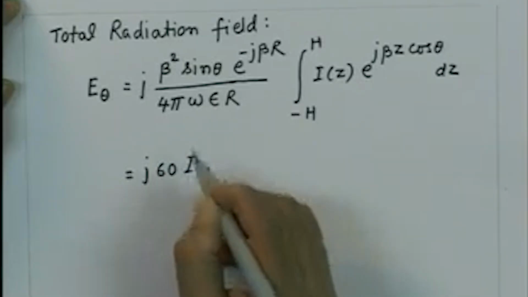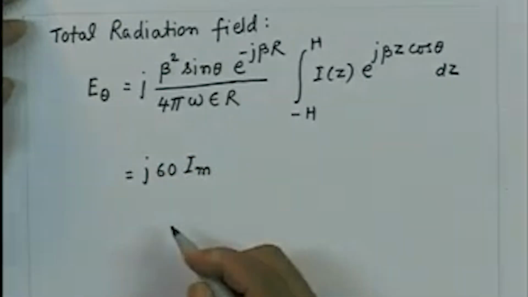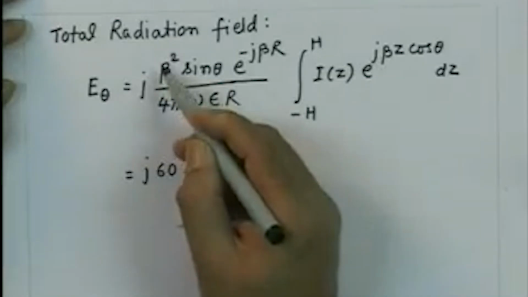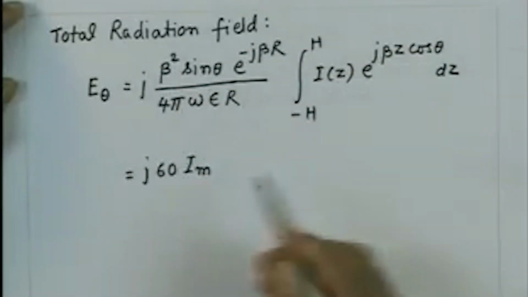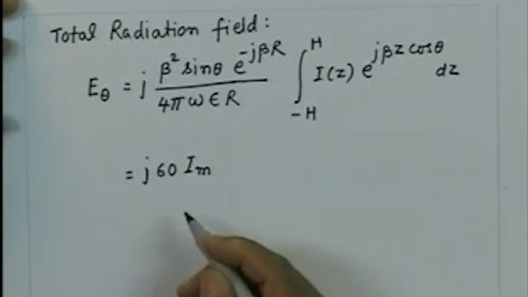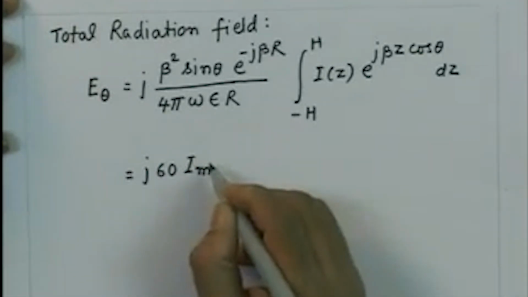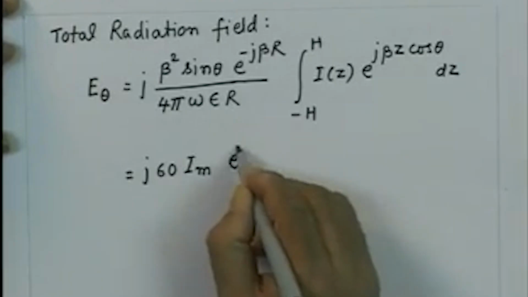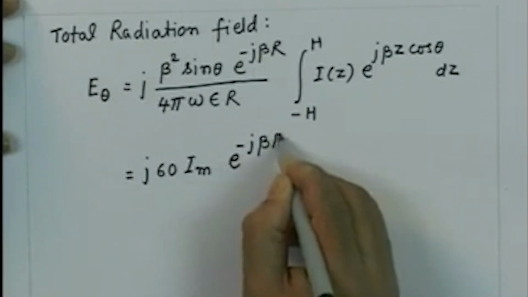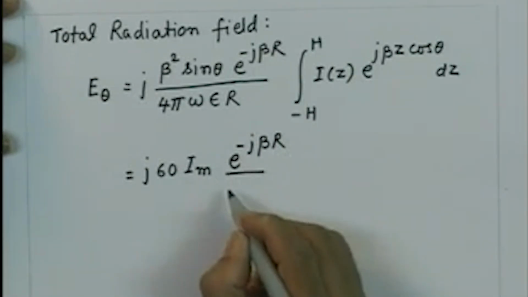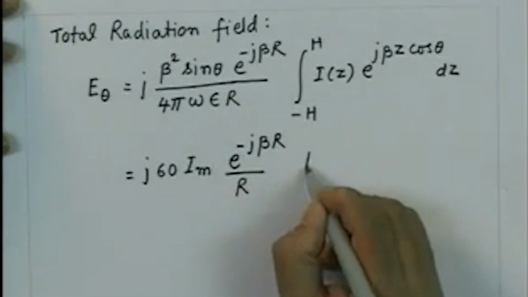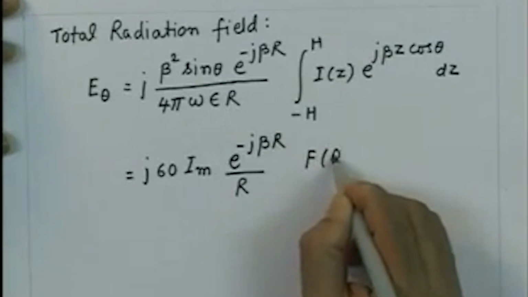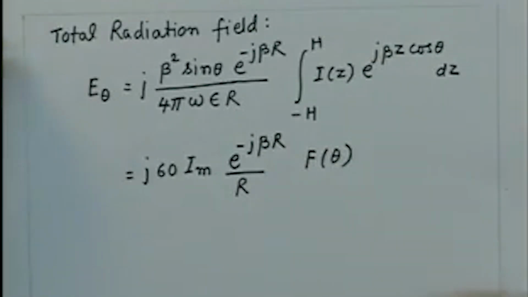There are all constants which are there, they have gone into that, like beta will be related to the frequency and the permittivity and permeability of the medium. So, this will be Im e to the power minus j beta r upon r and will be some function of theta, which we can write explicitly.